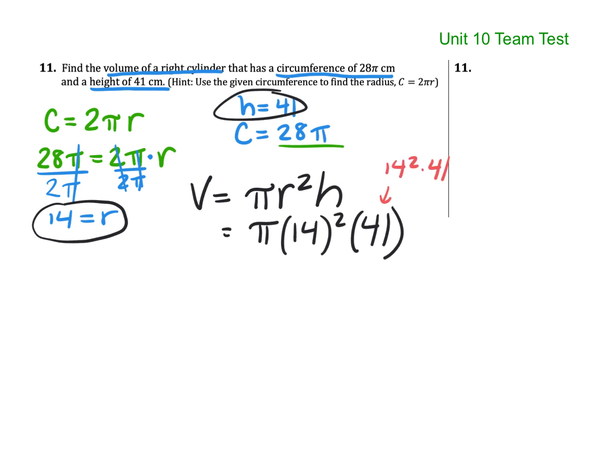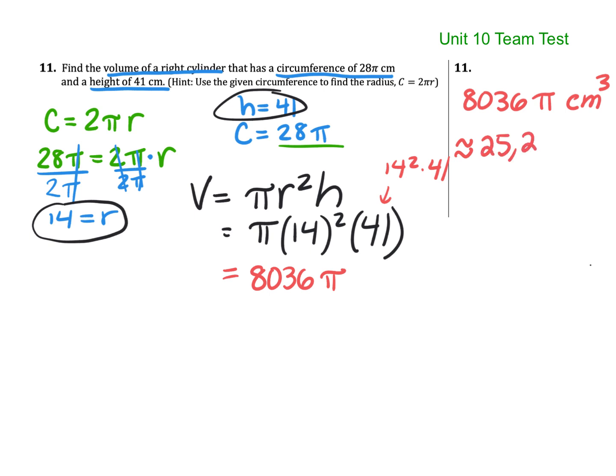I'm just going to use that squared button on my calculator times 41, and that will give you 8,036. So the exact value for the volume is 8,036 pi cubic centimeters. Approximate volume, just put that in your calculator, and it's about 25,245.8 cubic centimeters.